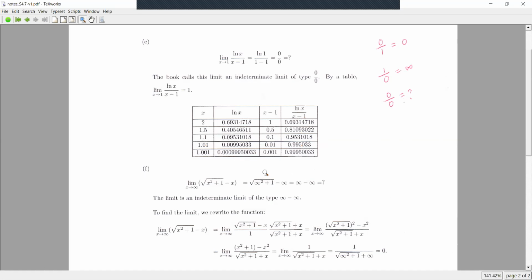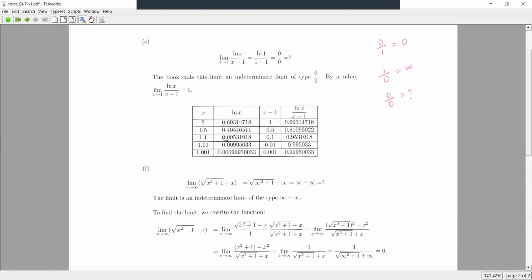I use a table to tell the limit. First column, independent variable, x. Second column is numerator. Third column, denominator. The last column is the function.